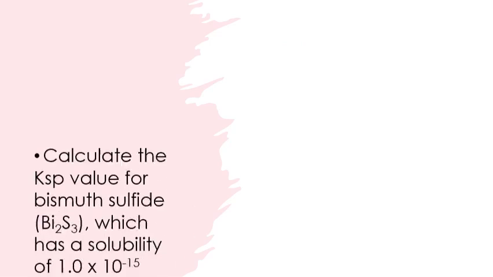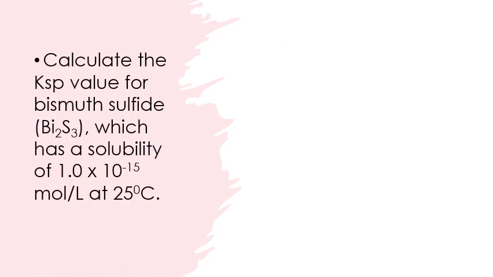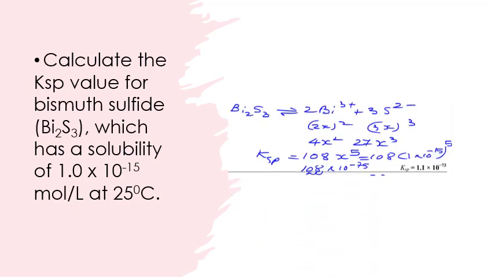In that example, what I want you to do is go ahead and try this question by yourself and check your answer. You can pause the video and check the answer. Okay, so you should have an answer that looks like this. In this case, how many ions do we get? 5 ions, correct? So we will have 2 Bi 3+ ions and 3 S 2- ions.